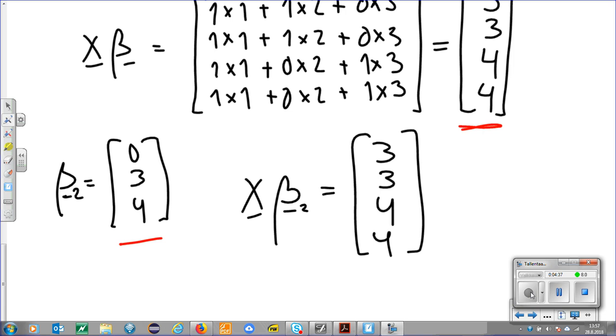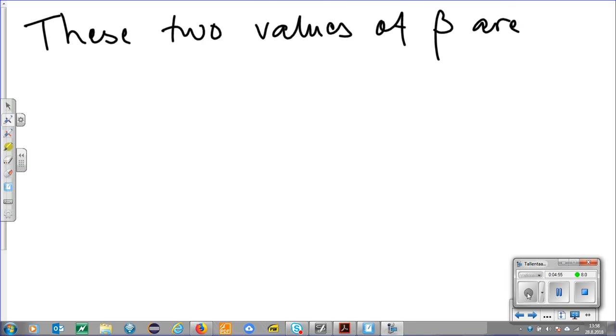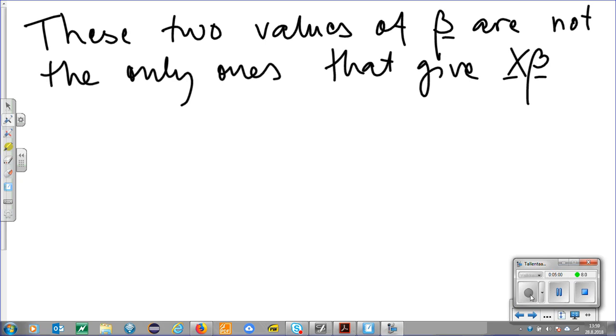But if we have an unidentifiable model, we can have several solutions that give equal value for the systematic part, and therefore the beta parameters cannot be estimated for a model that is not identifiable. These 2 values of beta are not the only ones that give x beta equal to 3, 3, 4, 4; actually there are infinitely many possible values of beta that give this kind of solution.